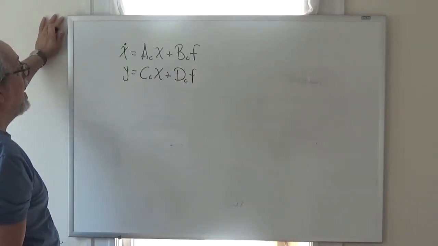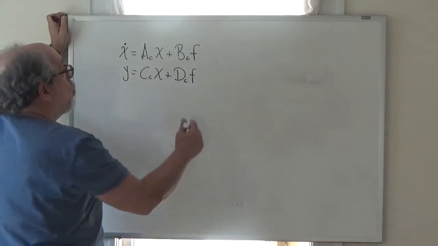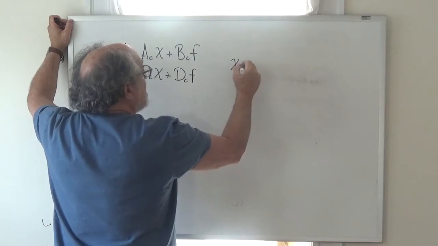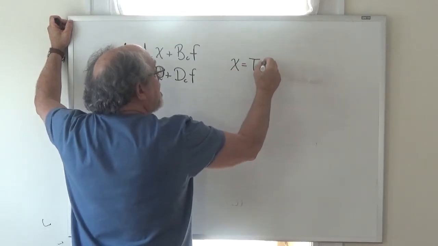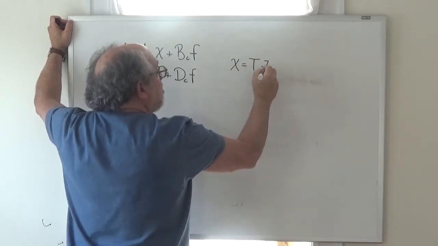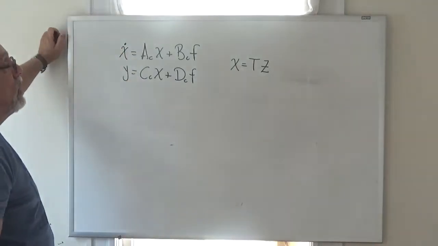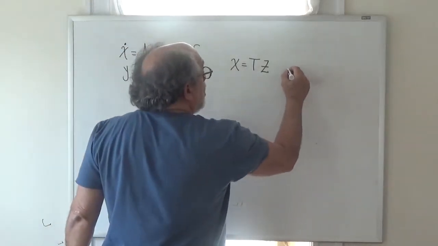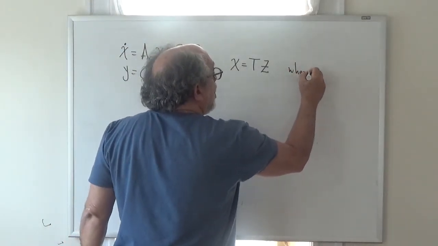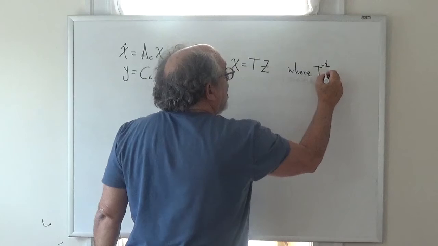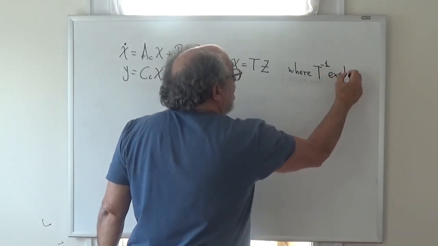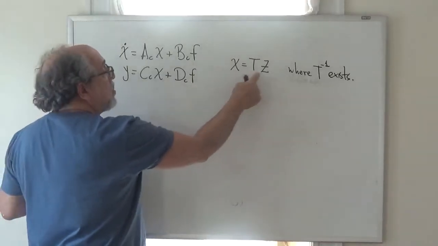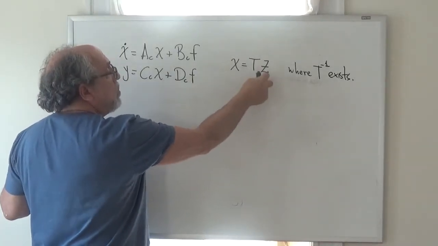Now, let's prescribe that x is equal to T z, where T just has to be a square invertible matrix, right? As long as T to the minus 1 exists, then having x or having z is the same thing, because if you know z, you know x.